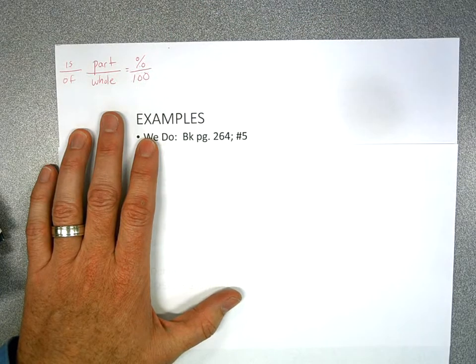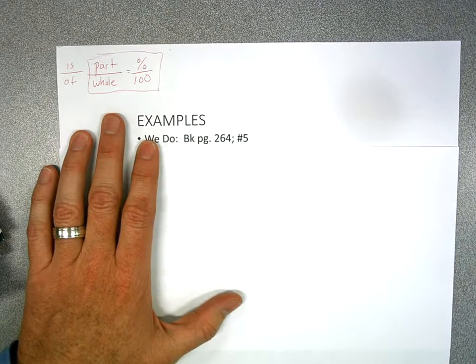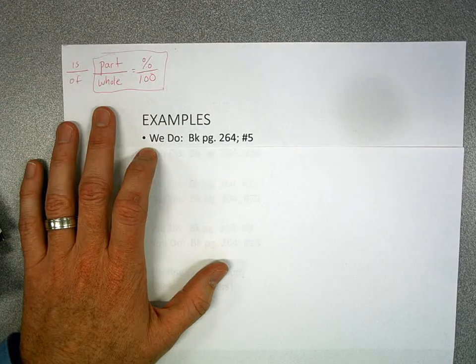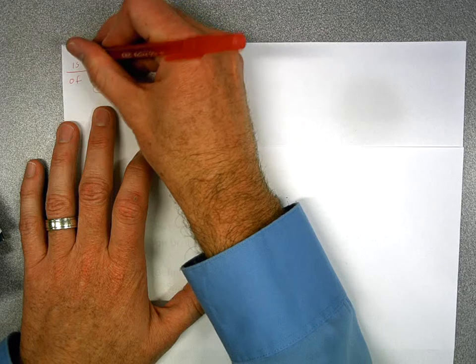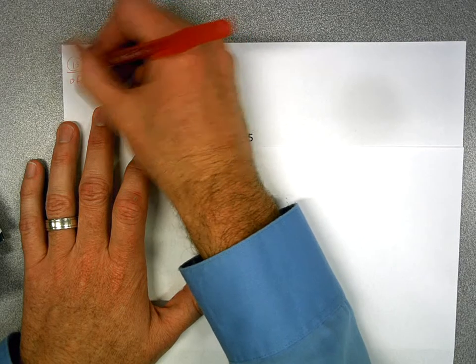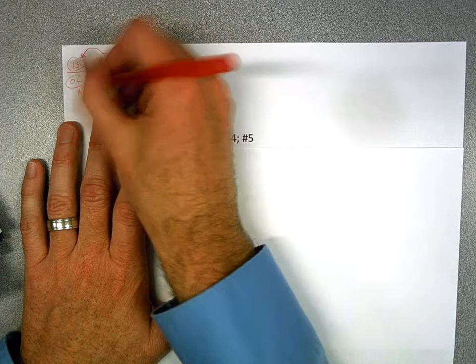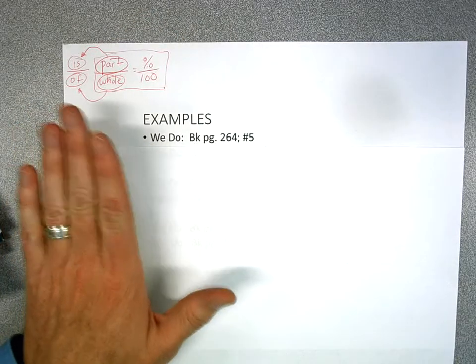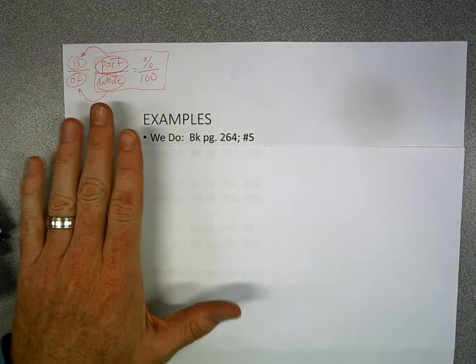Part's keyword to sometimes help identify is the word is. The whole is a lot of times identified by the word of. I just want to remind you of that.